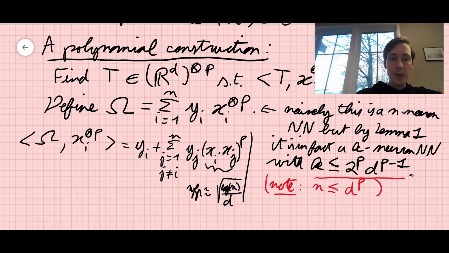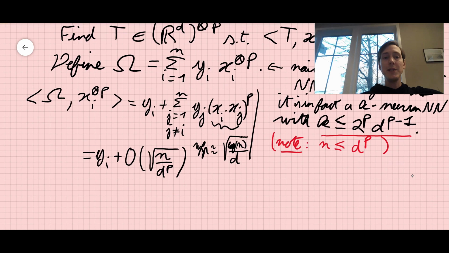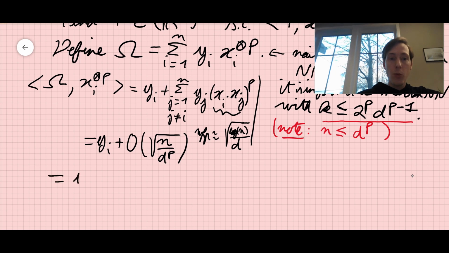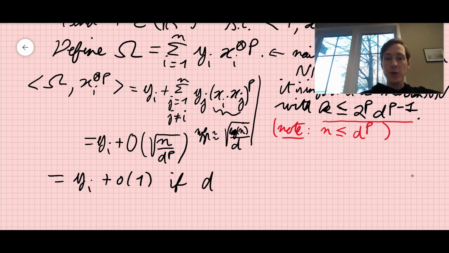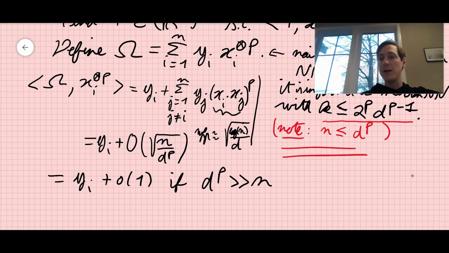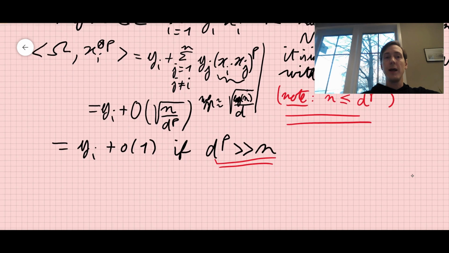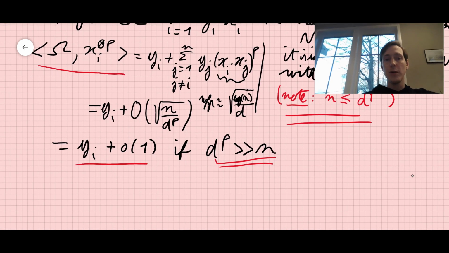So this is going to be equal to y_i plus something of order square root n over d to the p. So we see that this is equal to y_i plus a little o of 1 if d to the p is much larger than n. Remember that anyway we had the condition that n needs to be less than d to the p, and now we just have the condition that n is much smaller than d to the p, some asymptotically smaller value. And in this case, indeed, omega is a good fit. It's equal to y_i plus something little o.